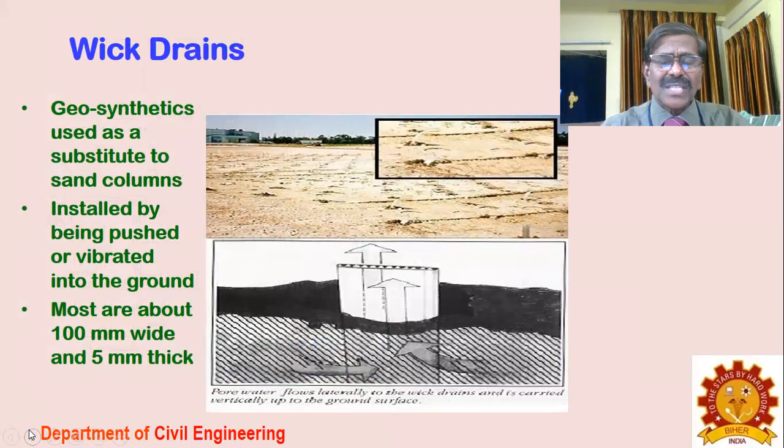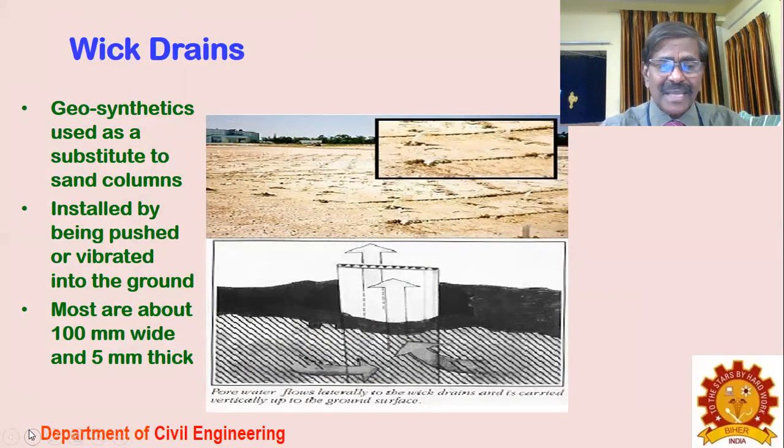Wick drains are small structures you can use, then you can pump out the water so that suction can be created. The geosynthetics are used as a substitute for sand columns. So the geosynthetic substitute is installed by being pushed or vibrated into the ground. Most are about 100 millimeters wide and 5 millimeters thick.